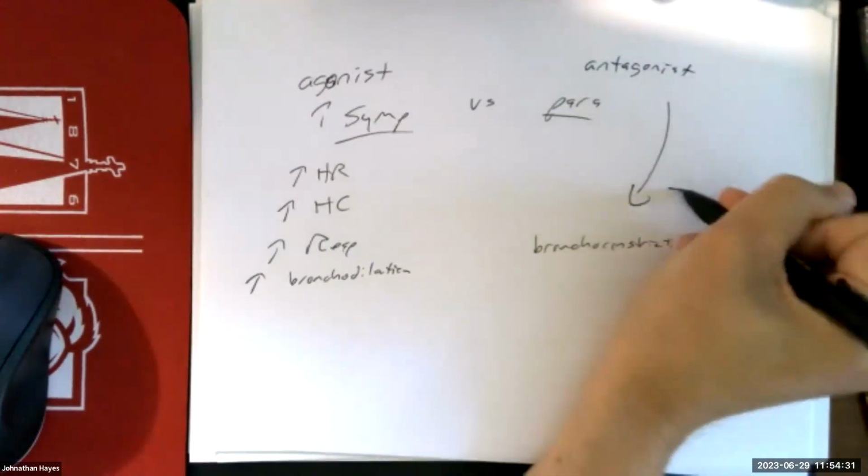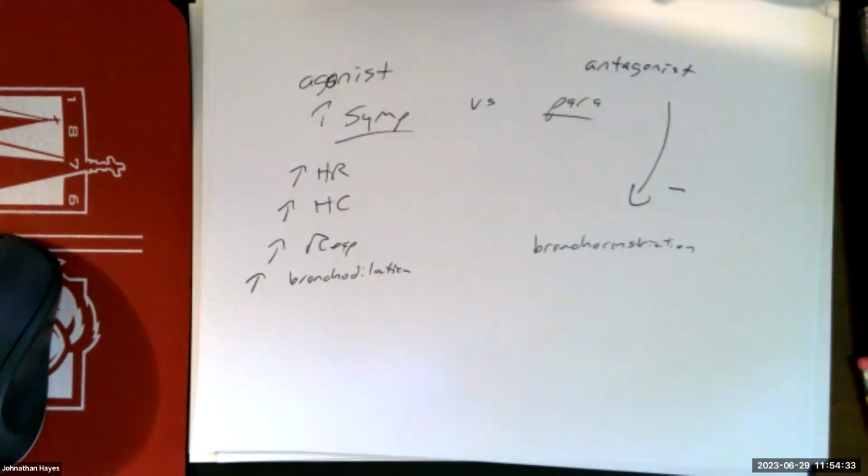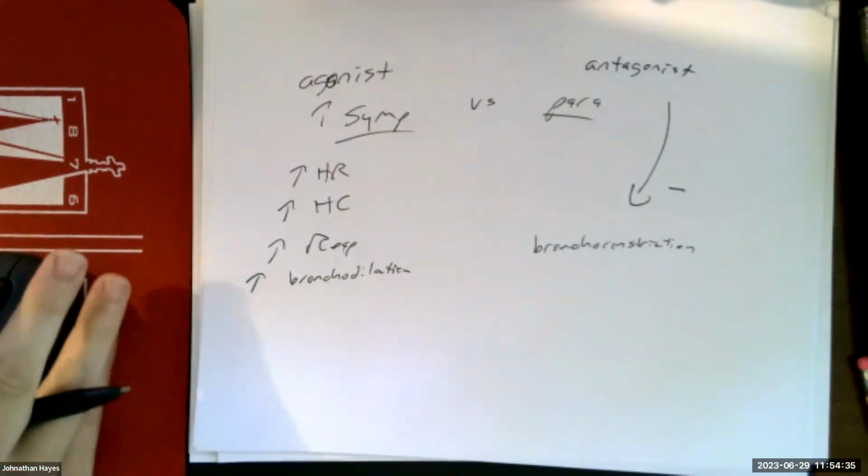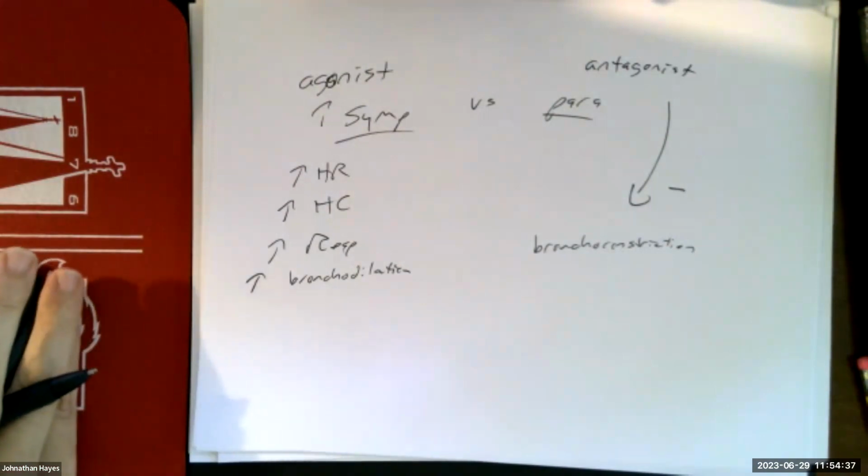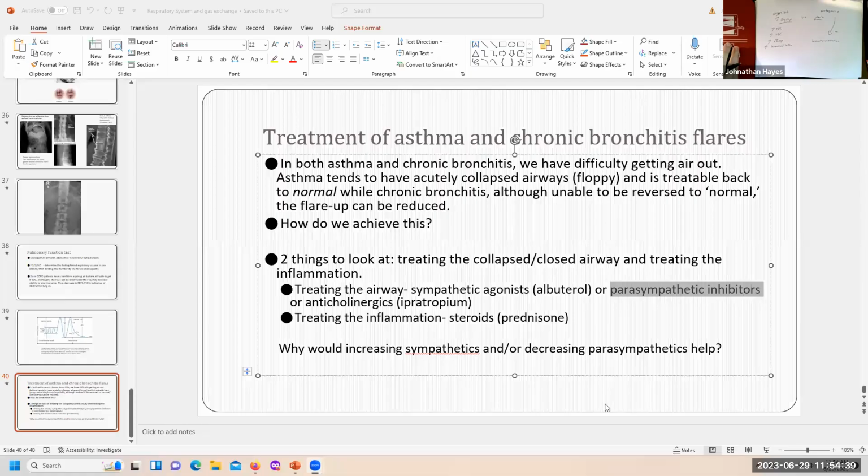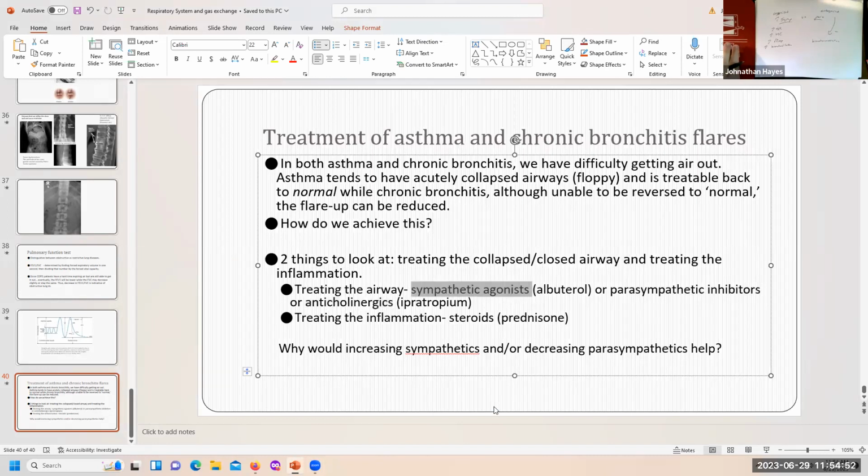So it's going to limit the airway becoming small again, right? So that's why anticholinergics would work, because acetylcholine is the neurotransmitter we use for parasympathetic innervation. And sympathetic agonists work because we're stimulating the sympathetic nervous system or sympathetic effects.